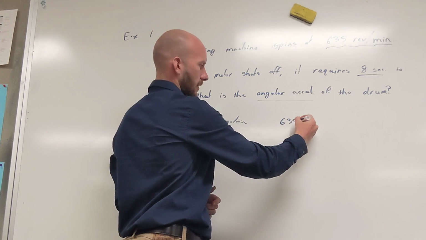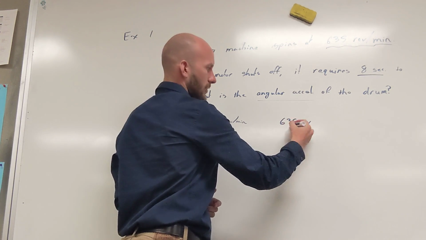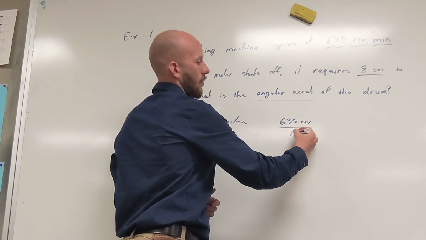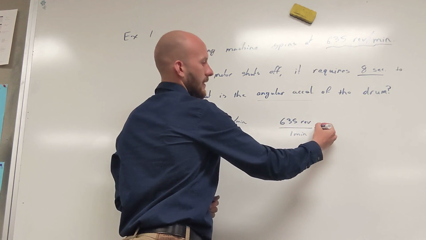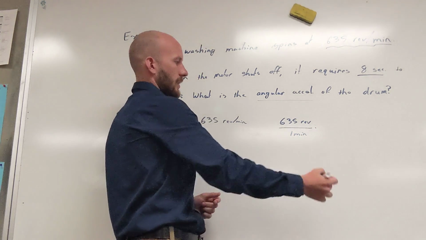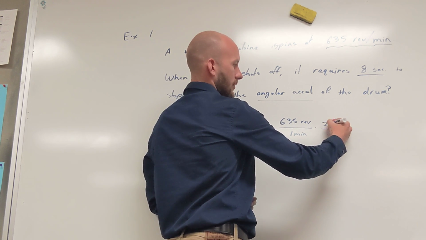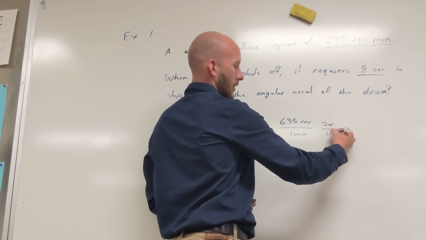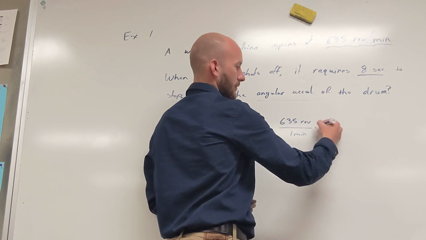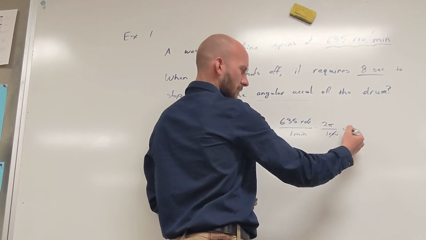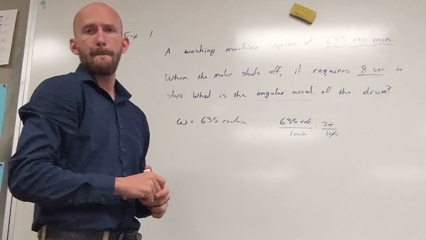I've got 635 revolutions in 1 minute. And so I need to multiply by 2 pi radians in 1 revolution. So that gets me to radians.